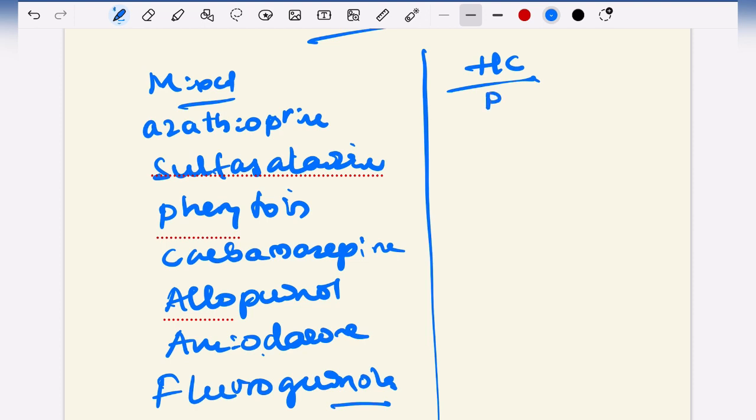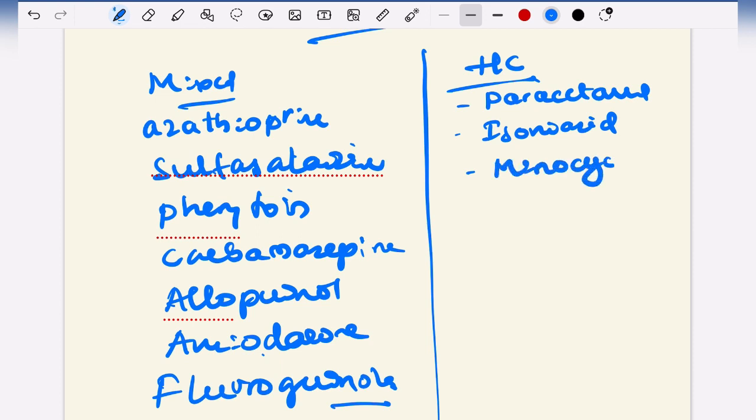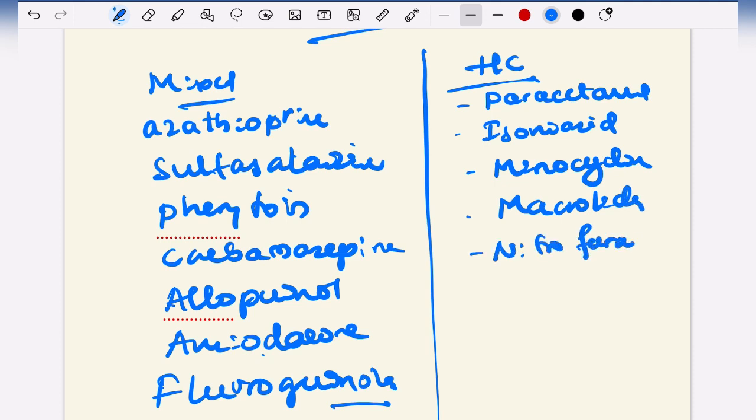One is your paracetamol, second one is isoniazid, third is minocycline, and macrolides, like your azithromycin. And one more important is nitrofurantoin, which will cause hepatocellular pattern. Here you have to remember, mixed can also cause hepatocellular, so I'm not going to write them.